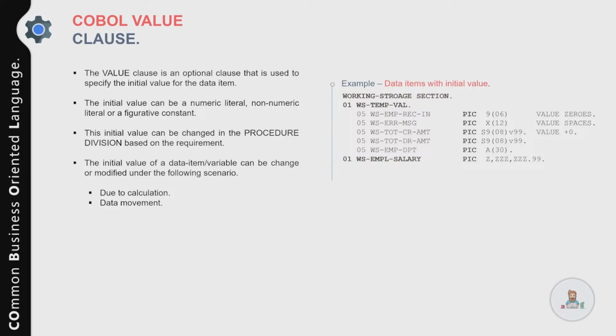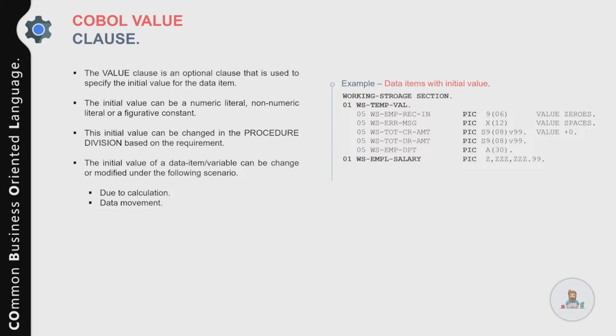So again, we have a working storage section, and there are two different variables that we have defined here. The first one is a group variable, that is ws-temp-variables, and that includes a couple of elementary items. So the first one is ws-emp-rec-in, and this is 9 of 6, and we have assigned an initial value of 0 to it.